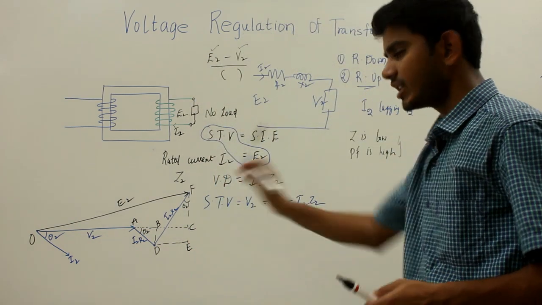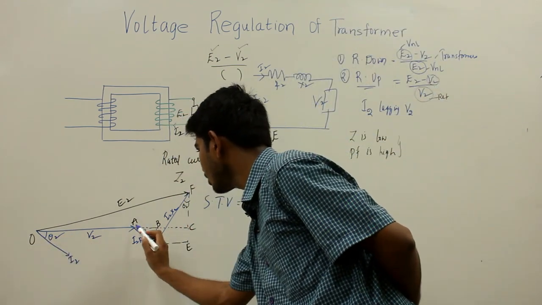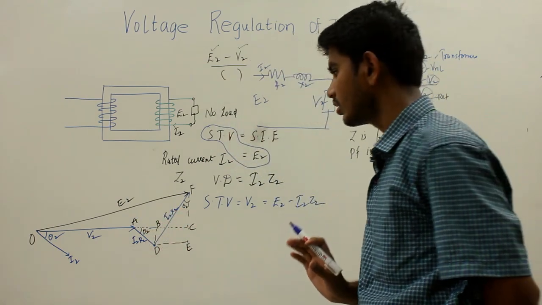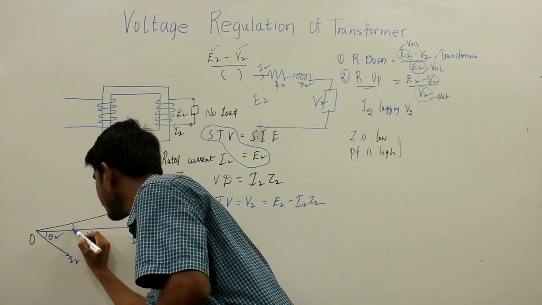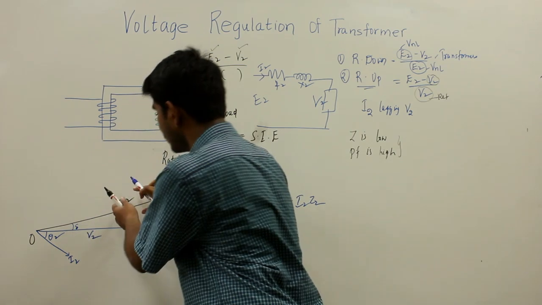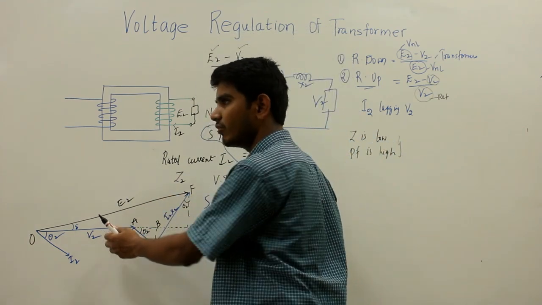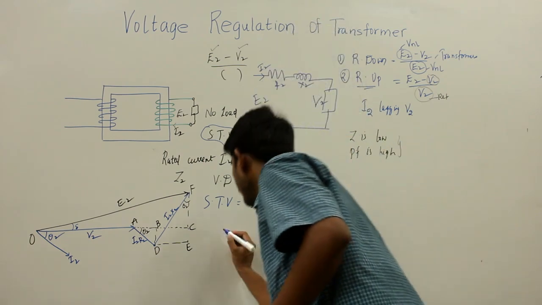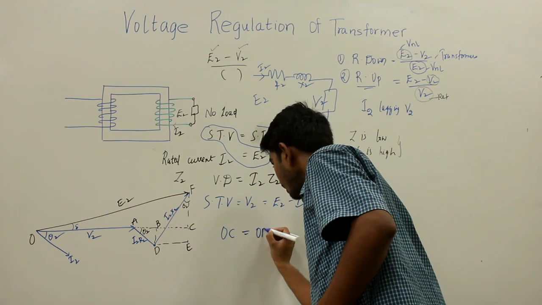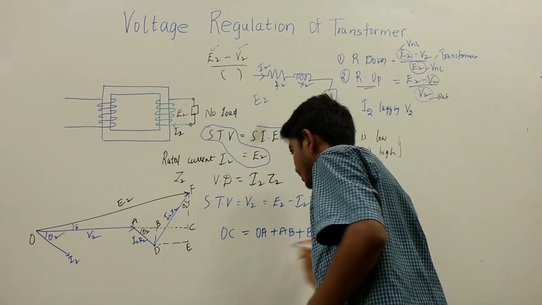From this phasor diagram, if I know OA, AB and BC, let me take OC here. This angle will be your delta, the angle between the secondary induced EMF and the secondary full load terminal voltage. So your OC will be equal to OA plus AB plus BC.